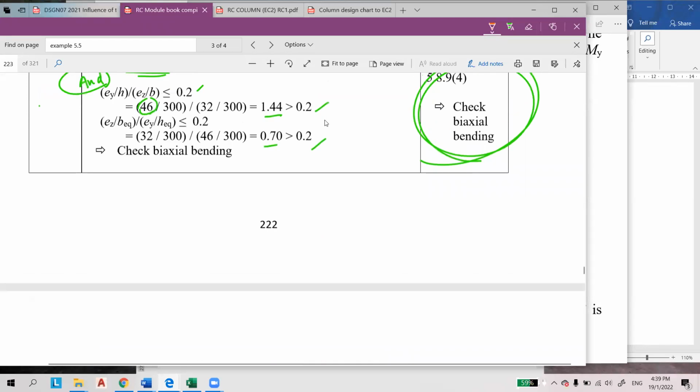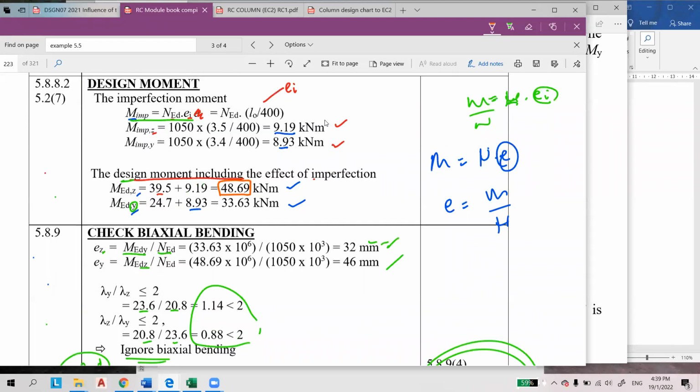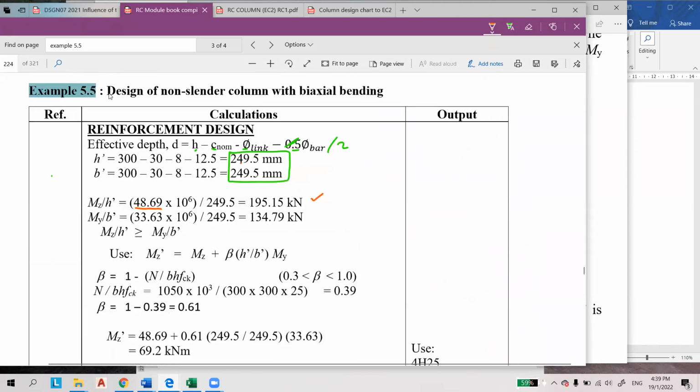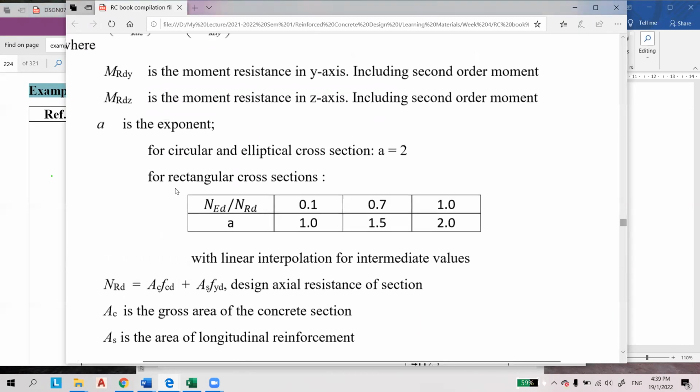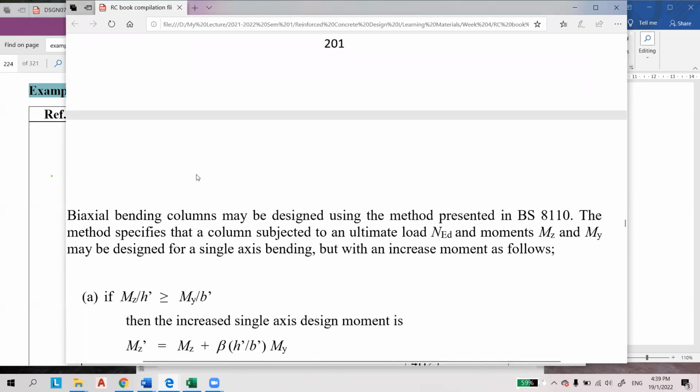And for My over b prime, the My is here as calculated before. This is the MEdy here. So we use 33.93 divided by b prime. So we compare these two values, whether Mz over h prime is greater or lesser than My over b prime. You can refer to page number 202.